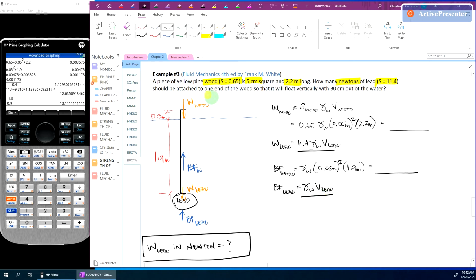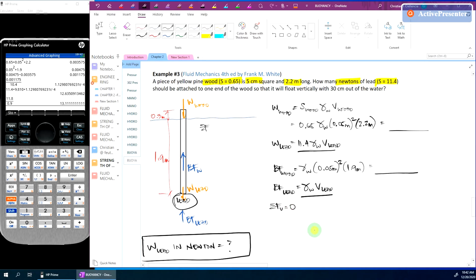So, if we look at this figure, take the summation of forces along the vertical, and that is in equilibrium, so 0, yung summation of forces natin.